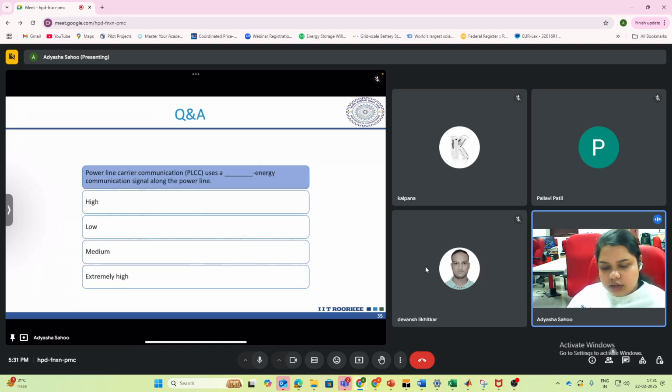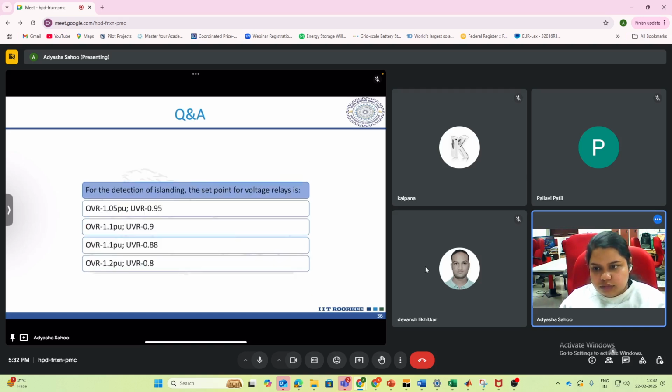Then PLCC uses which type of energy communication signal along the power line? High energy, low energy, medium, or extremely high? They use low energy signal, right?